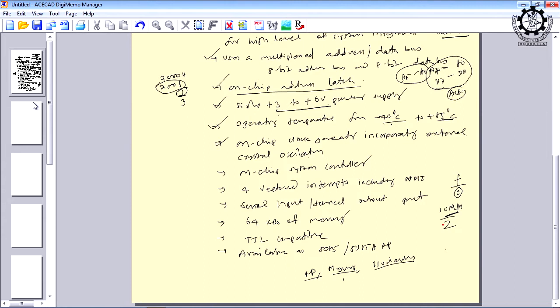Then this 5 megahertz will be further divided by either 2 or 3 or 4, that we shall see, and which will be connected to memory, and again will be further divided to support the I/O devices, and this is how the synchronization is possible. And we shall see that synchronization is very, very important as far as the operations in the microprocessor are concerned.